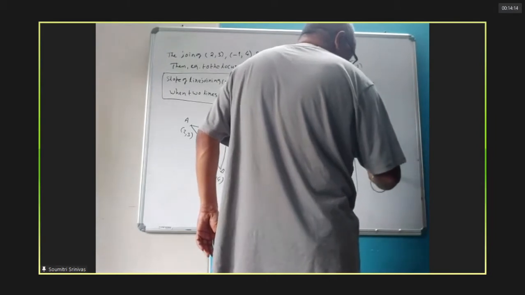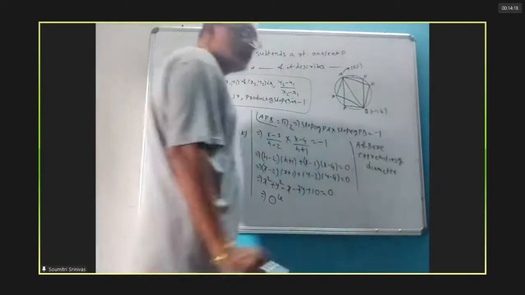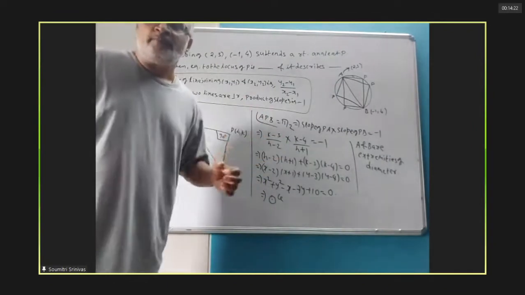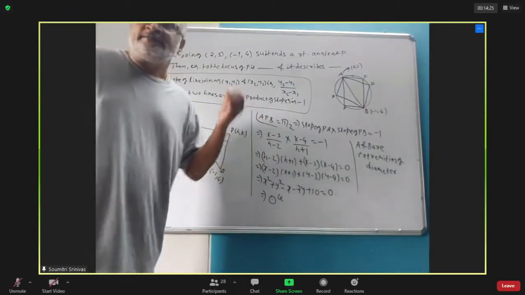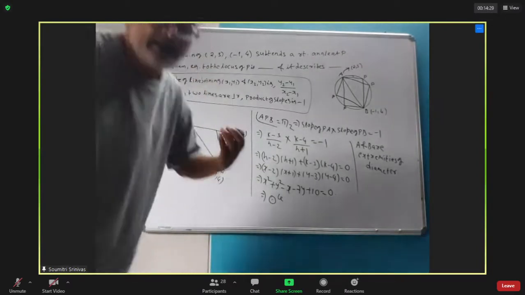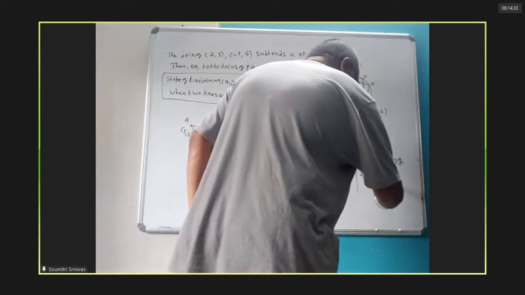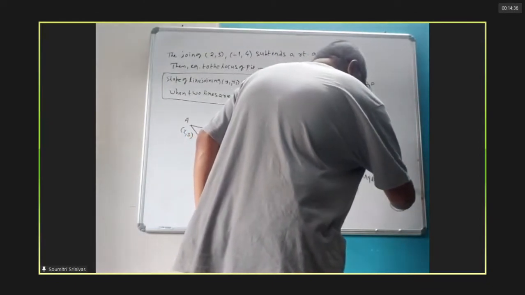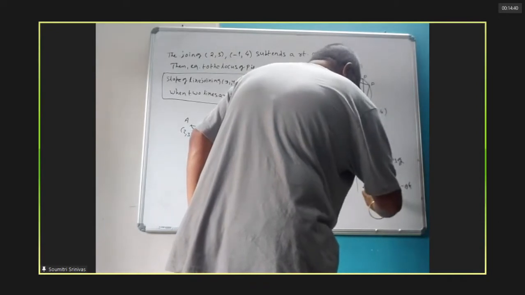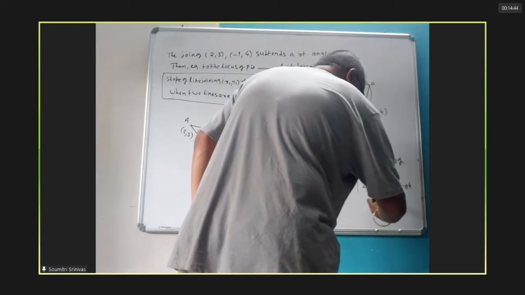What is the idea used? The idea is what Jasim told: angle in a semicircle is always a right angle.